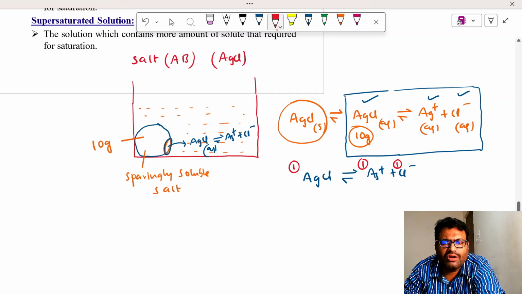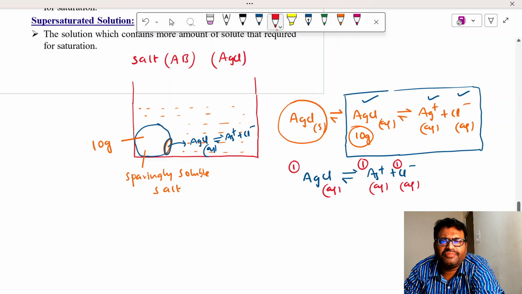This is aqueous, this is also aqueous, this is also aqueous. 1 mole gives you 1 mole plus 1 mole. If 1 mole per liter dissolves, it gives you 1 mole per liter and 1 mole per liter.